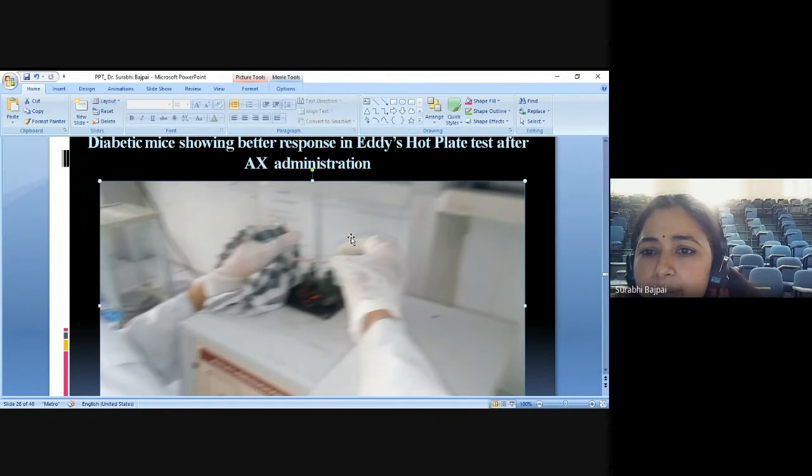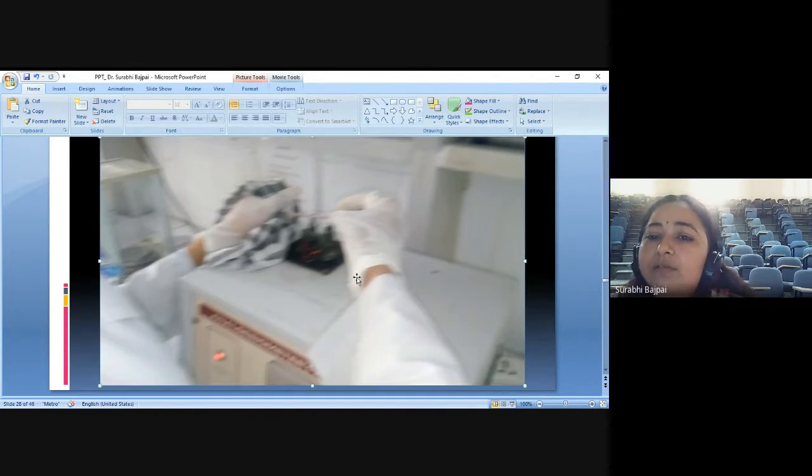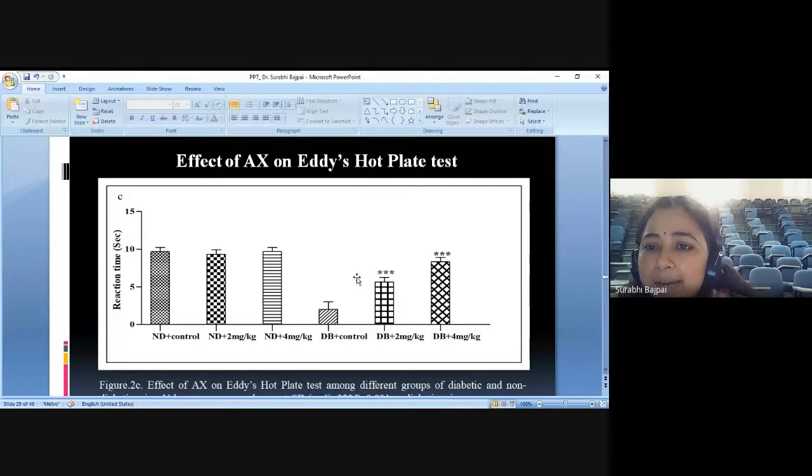If not, I'm just going to summarize it: Eddy's hot plate test is done in mice, and we can see in a slight picture that the mouse tail is flicking under this test. This explains that the sensation is regained after astaxanthin administration to the diabetic mice.